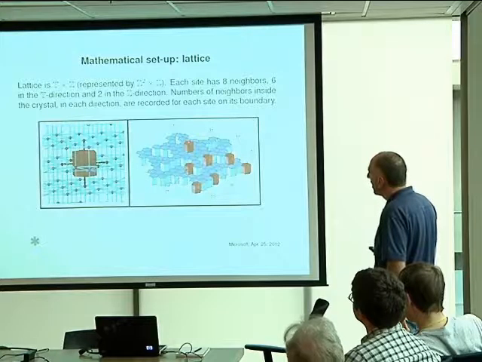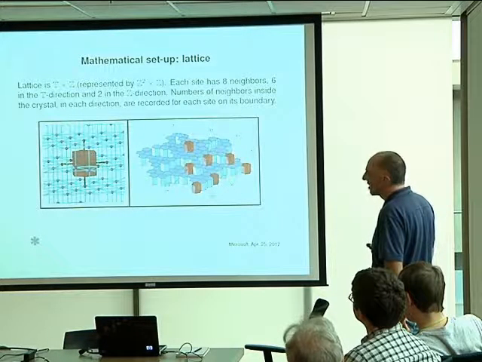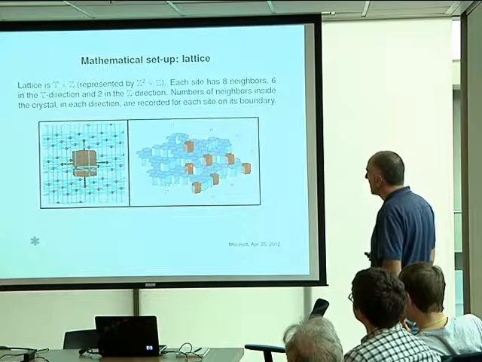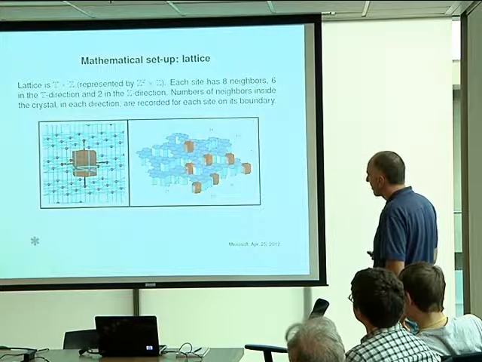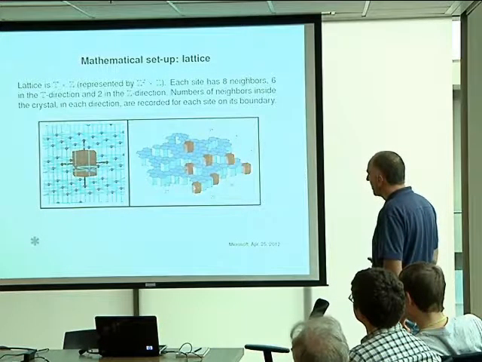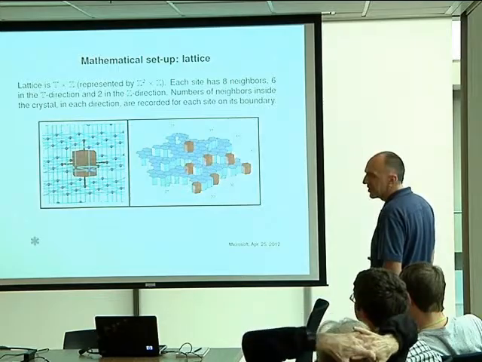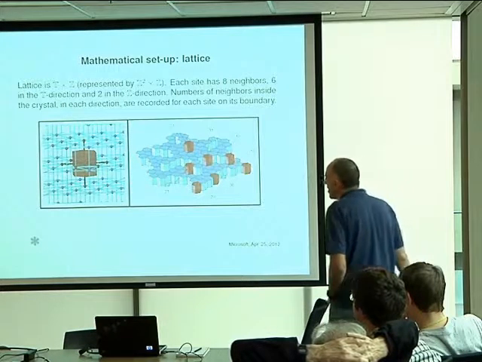So this one on top has 1 neighbor in vertical direction and no neighbors in the horizontal direction. This one has 2 neighbors in the horizontal direction, 1 in vertical. This one has 3 in the horizontal and 0 in vertical, and so on. All right?